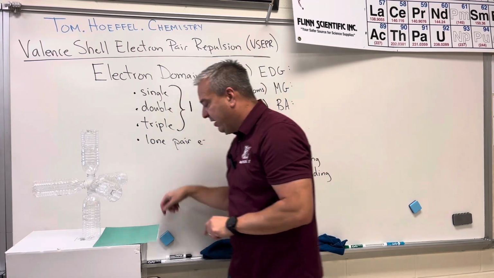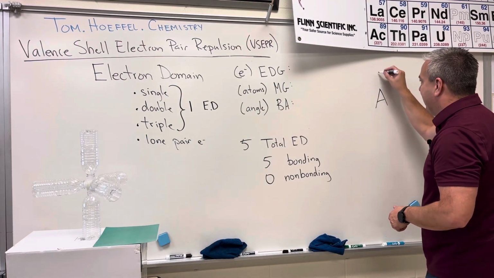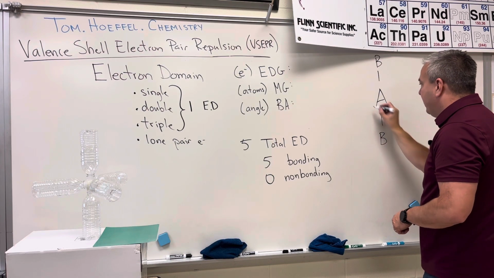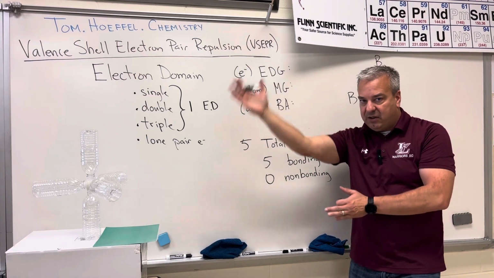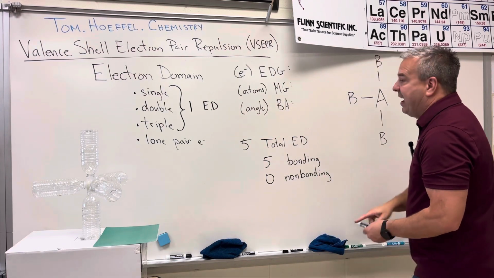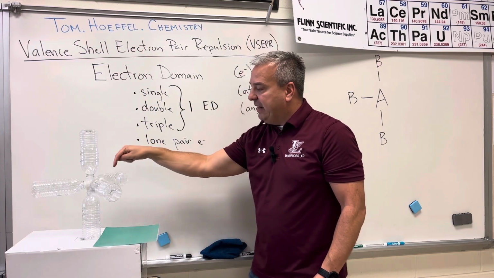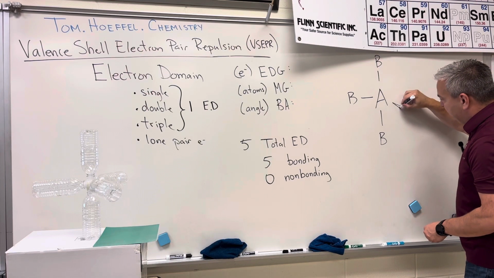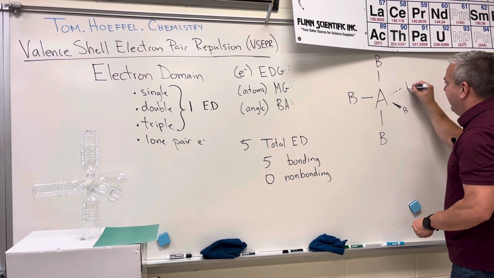So let's take a look as to how I would draw 5 domains. So a dash going up, a dash going down, and a dash on the left-hand side because all of those things are in the same plane. On the other side, I'm going to use a wedge and a dotted line.